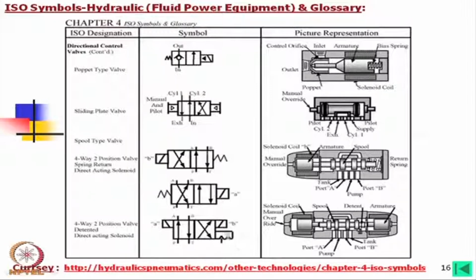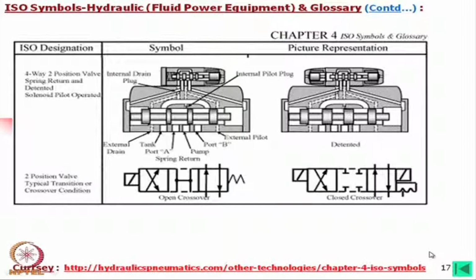So, this means some detent positions, some detent arrangement is there. Okay. Perhaps we can keep it in an intermediate position also by using these two armatures together.